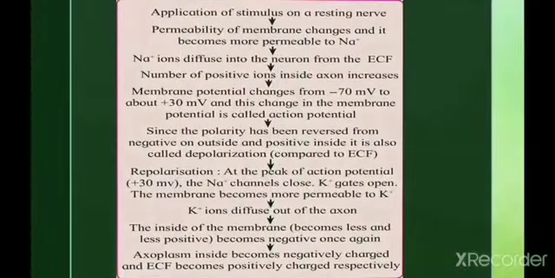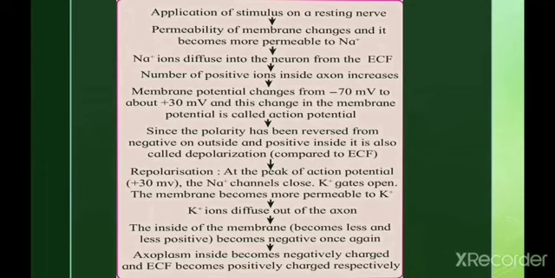So let's see steps in generation and conduction of nerve impulse. You can see this flow chart. This shows the exact steps involved in generation and conduction of nerve impulse, how it takes place.